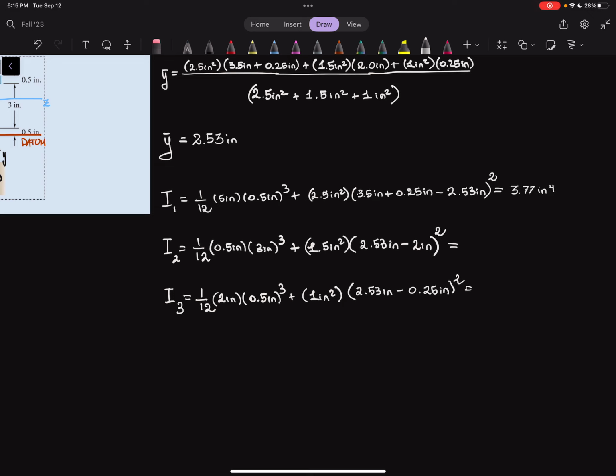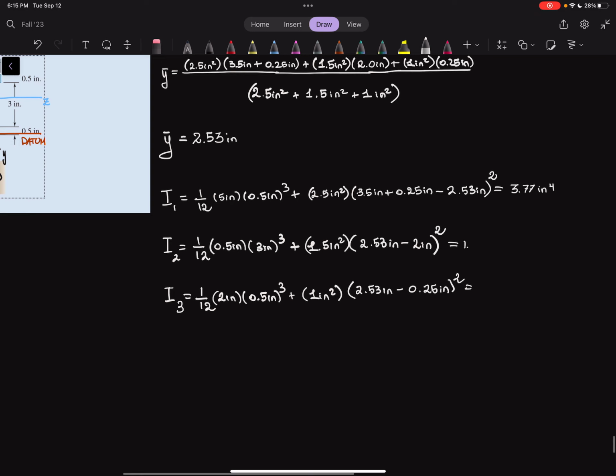Okay, so let's do that again for the second moment of inertia. So that's 1 over 12 times 0.5 times 3 to the third plus 1.5 times 2.53 minus 2 squared, and that's going to be 1.546 inches to the fourth.